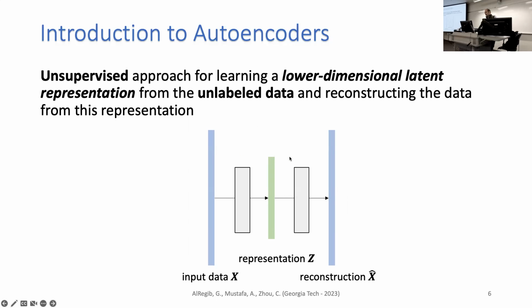Now, what we have is a representation space in here. We call it a latent space that represents our data. So now, once you have this space, then it's really up to you what to do. You can use the entire model here. You can use the representation space for some other applications. For example, your data is very, very large, and you want to do dimensionality reduction, just like PCA.